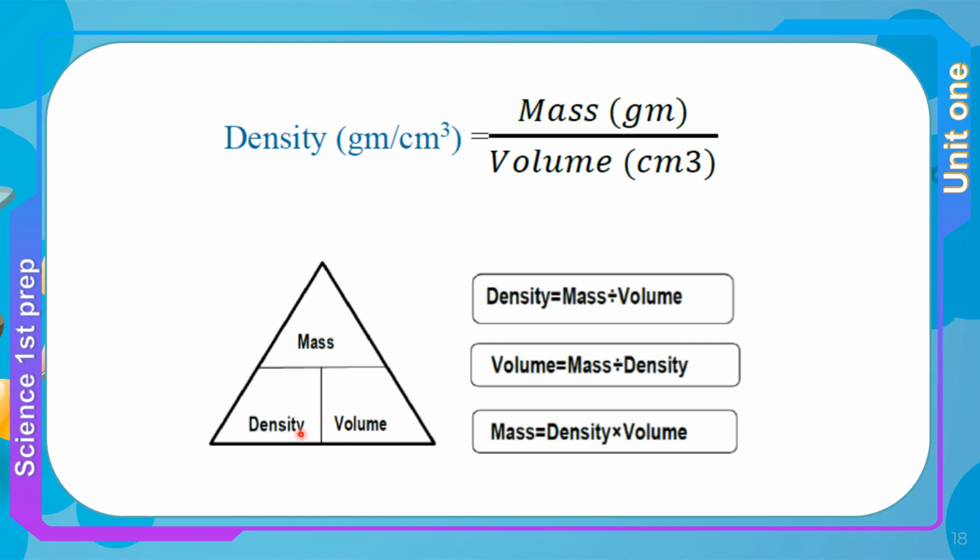Density equals mass divided by volume. Volume equals mass divided by density. And mass equals density multiplied by volume.